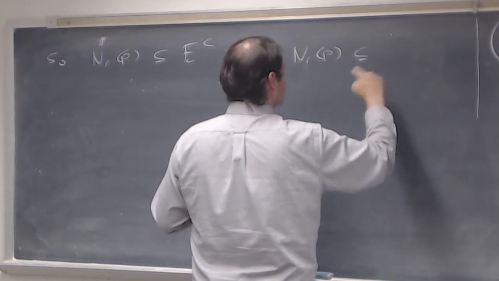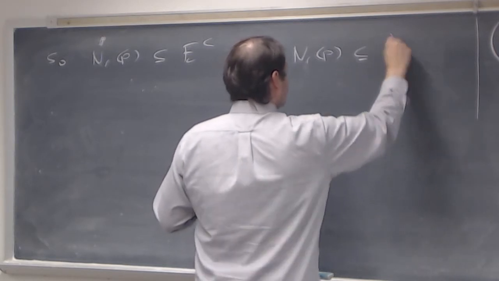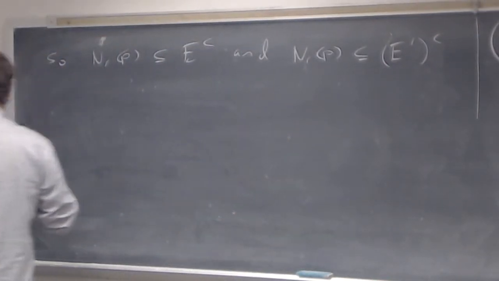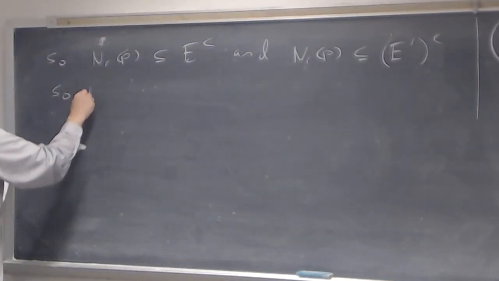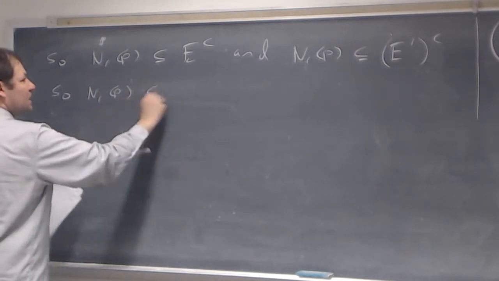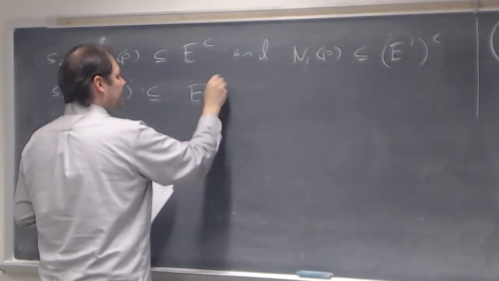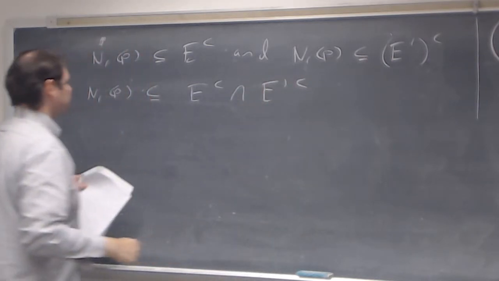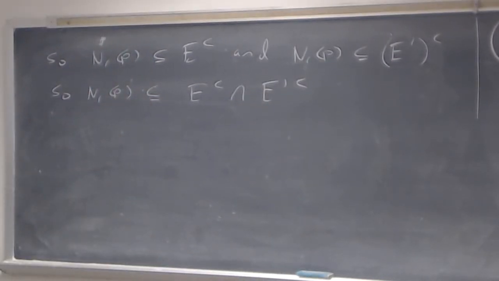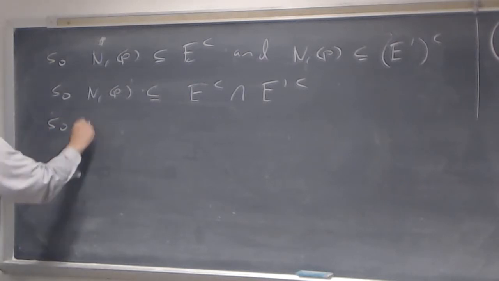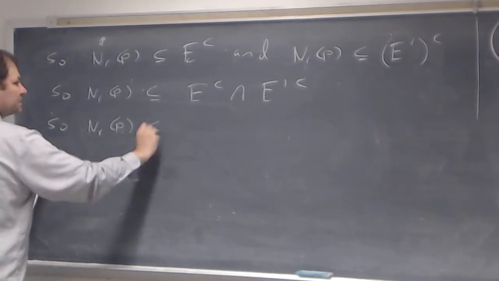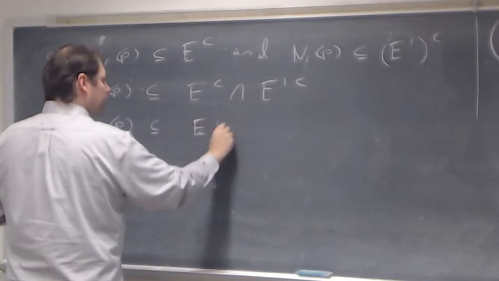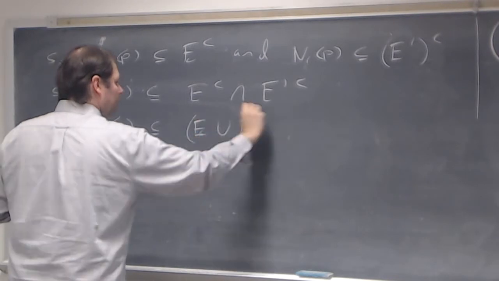Can't contain limit points, so it's contained in E prime complement, the limit points of E. So N sub r of P is a subset of E complement intersected E prime complement, which is contained in the complement of E union E prime.